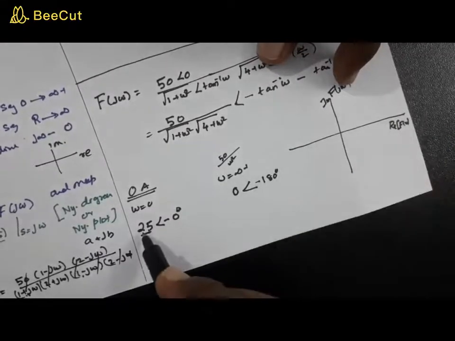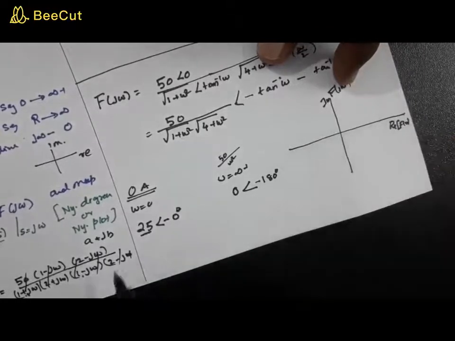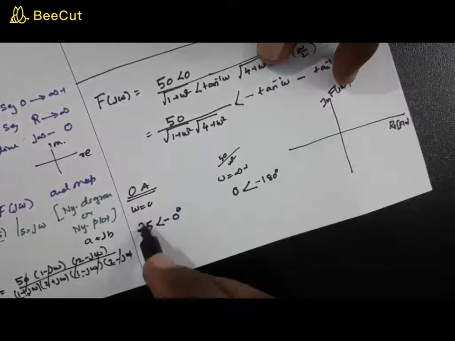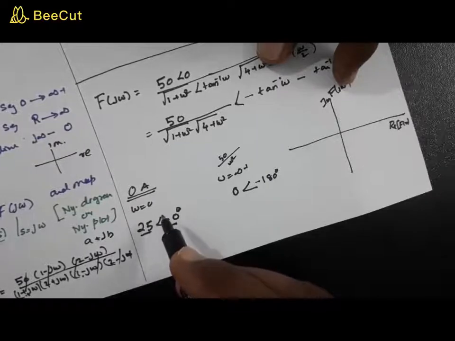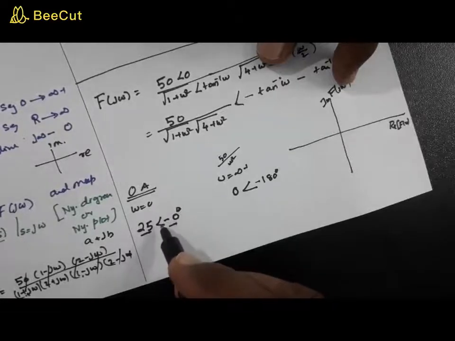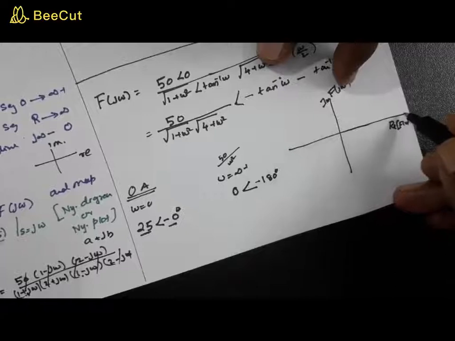This is just the magnitude, so that can be negative 25 as well as plus 25. For that you need this angle information. If you are not putting this negative 0, you'll get a different picture. This angle shows you which is the point. So angle is always measured from this axis, right? From this axis.